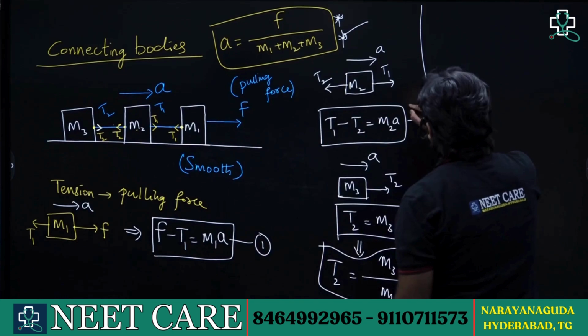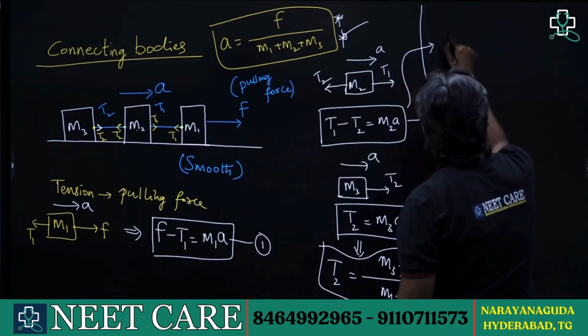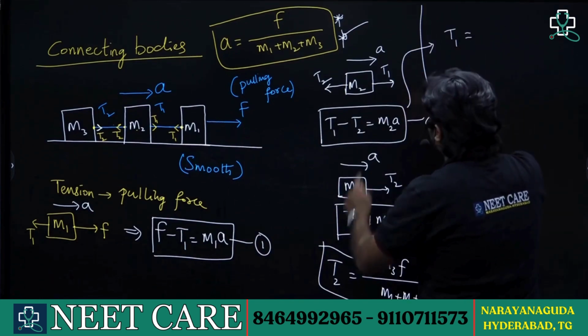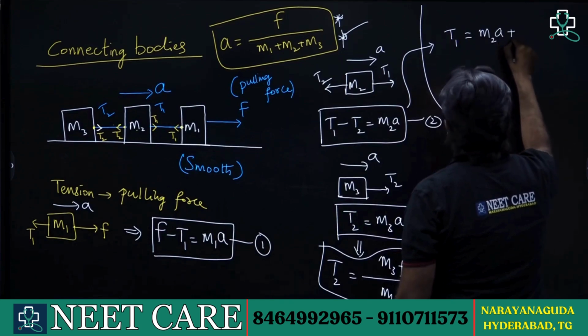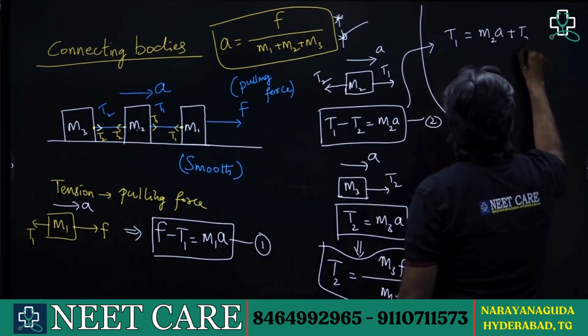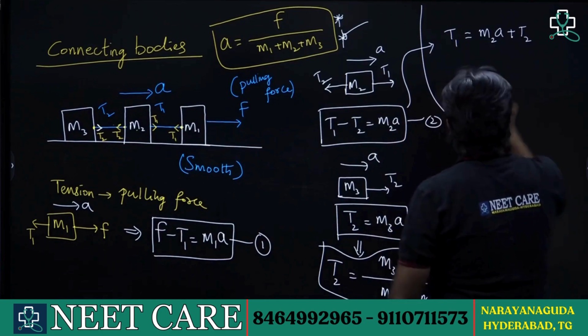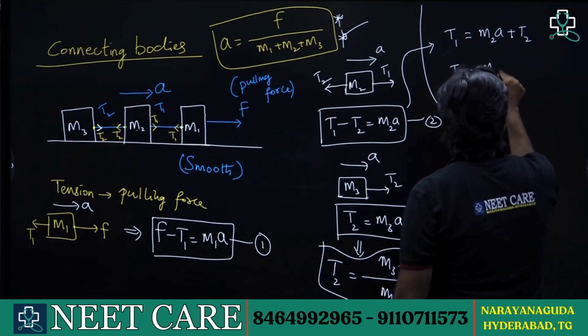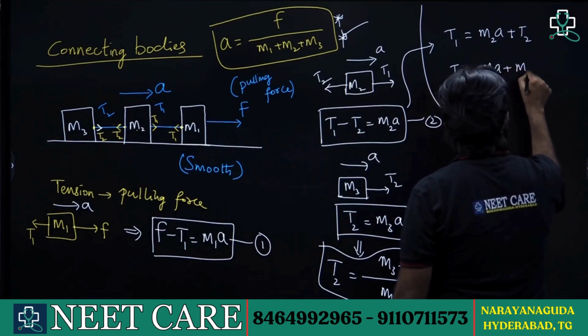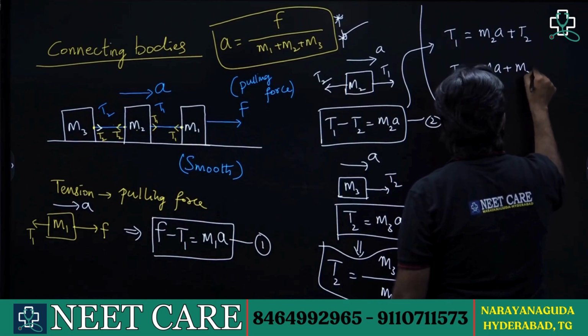if you want to take T1, look at this and try to make T1 the subject. Take this to that side, then M2A plus T2. But here T2 is equal to M3A. Replace T2 with that, therefore you will get M2A plus M3A.